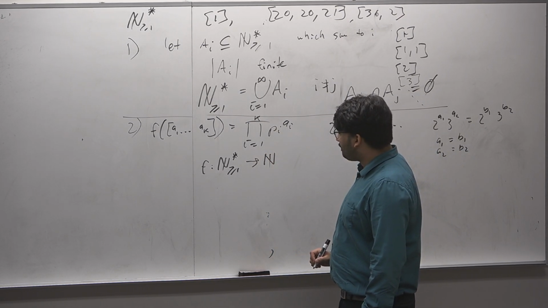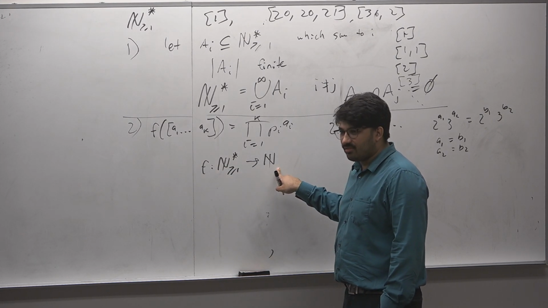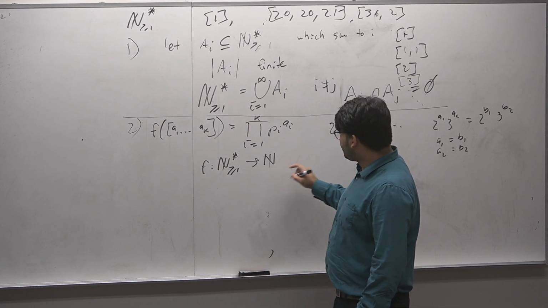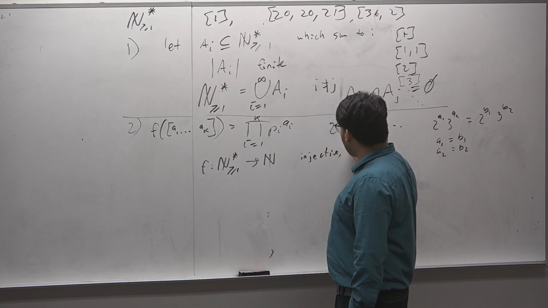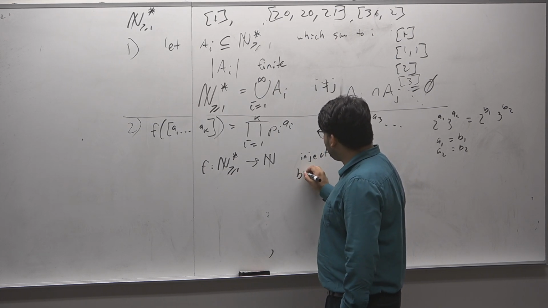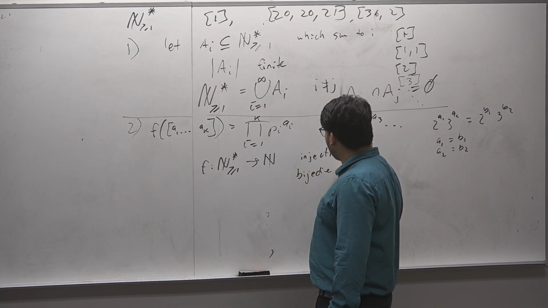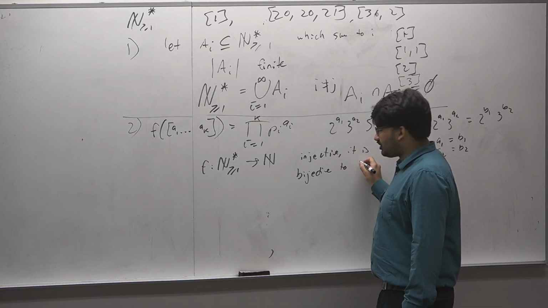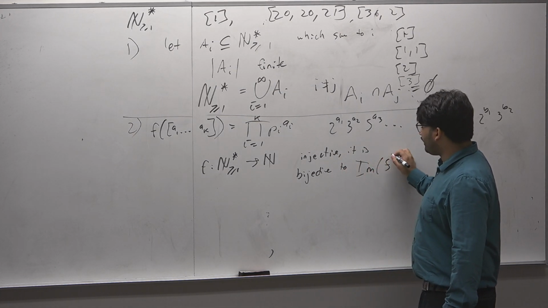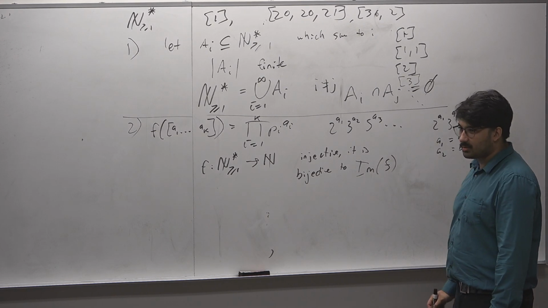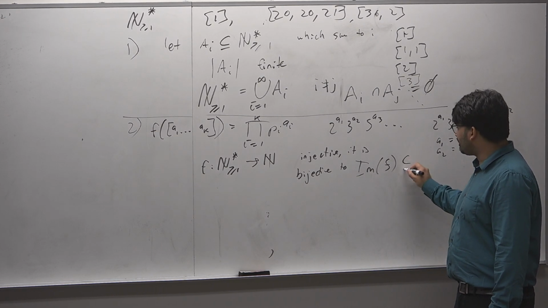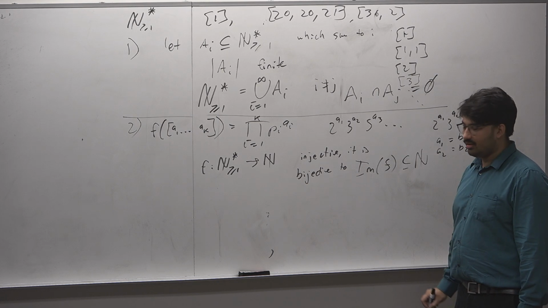Even though F is injective, since F is injective, it is bijective to its own image. And the image of the function is the thing that it maps to. But what do we know about the image? The image is just a subset of the codomain, right?